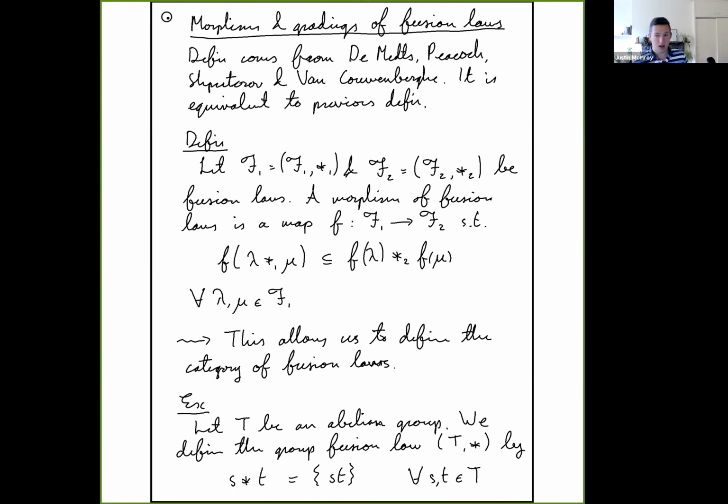Think of this like group homomorphisms or algebra homomorphisms. I'm not going to see all of the second algebra or the second group, but I still want to be able to, for instance, have a morphism from the trivial group or the trivial algebra into all other algebras. Similarly here, I want a morphism from the trivial fusion law into all of the fusion laws. If I have equality here, I'm not necessarily going to be able to do that.